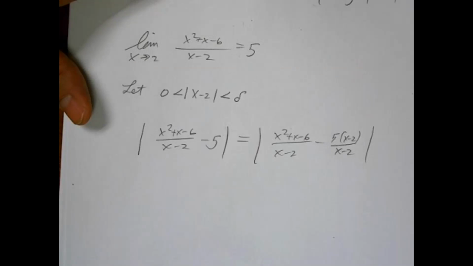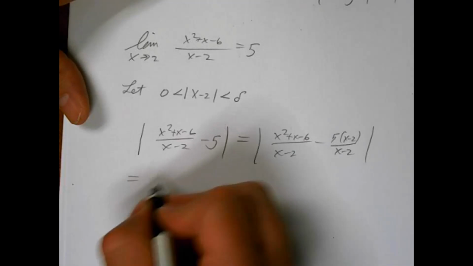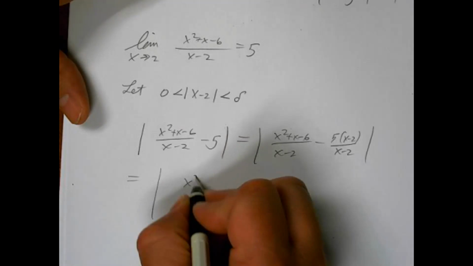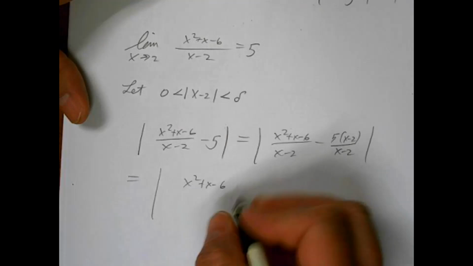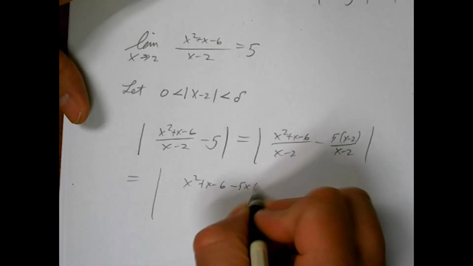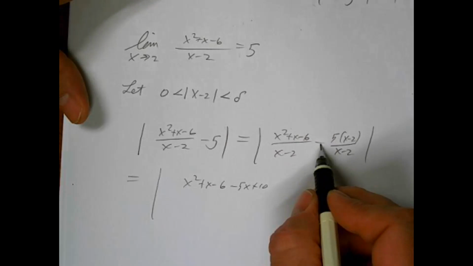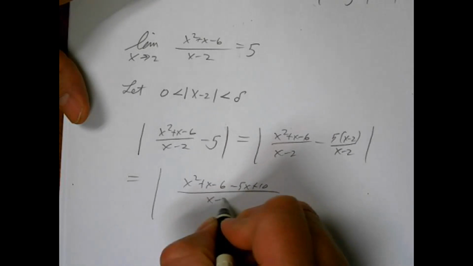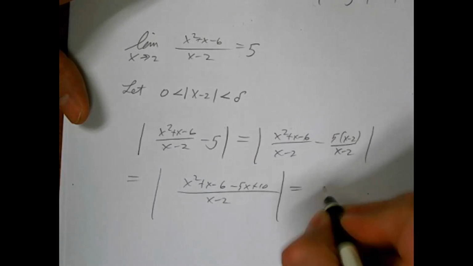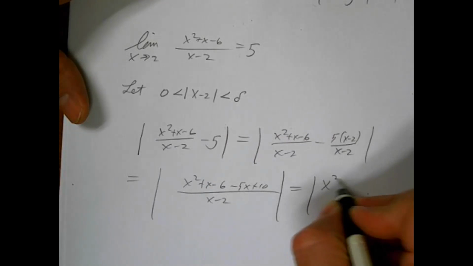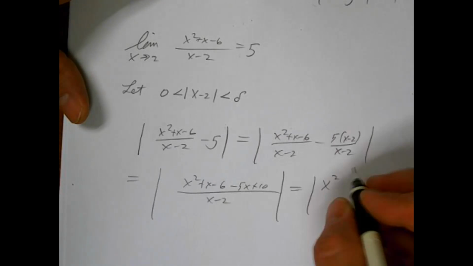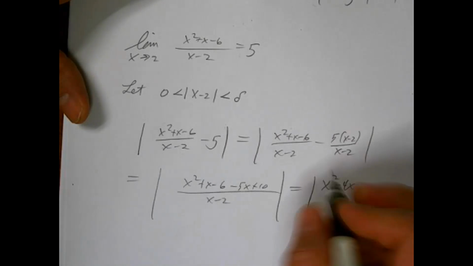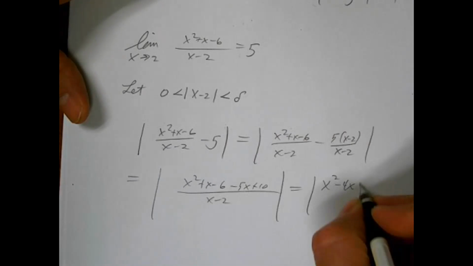That's how I get it written with the common denominator. That's going to be an x squared plus an x minus a 6 minus a 5x plus a 10 when you distribute a minus and a 5 through here. I'm going to clean that up. Plus x and a minus 5x is a minus 4x. A minus 6 and a plus 10 is a plus 4.